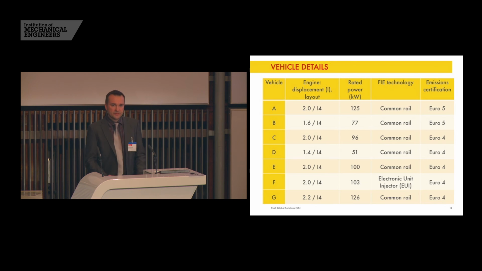So some details of the fleet: we've got some coverage of engine displacements and rated power, 6 out of the 7 cars are common rail with 1 unit injector car, and we covered Euro 4 and 5 types.